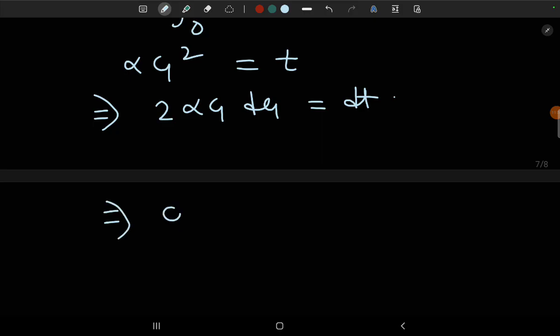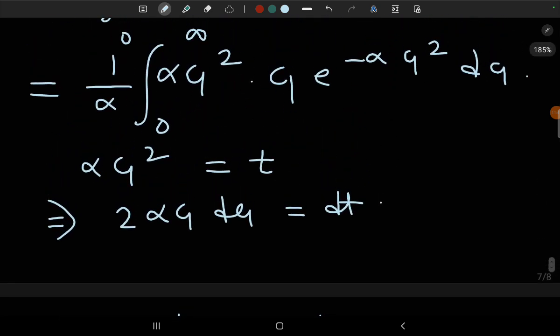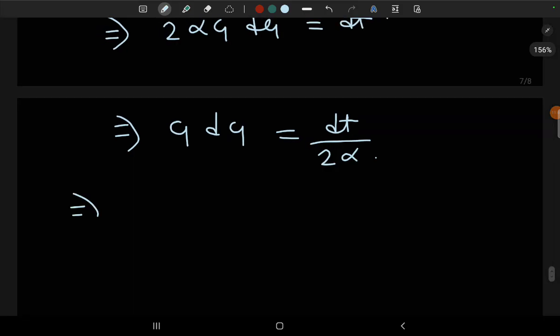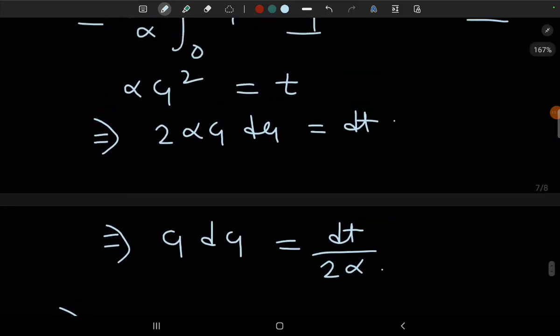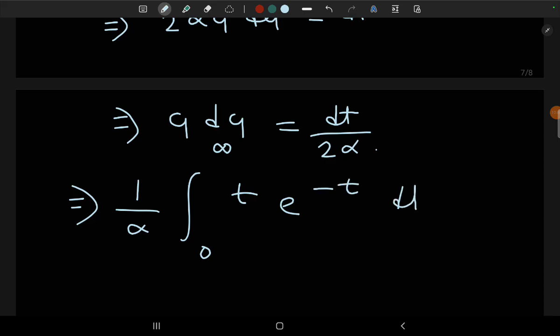So we have c1 dc1 is dt by 2 alpha. So we will have 1 by alpha, integral of t from 0 to infinity e to the power minus t dt by 2 alpha.